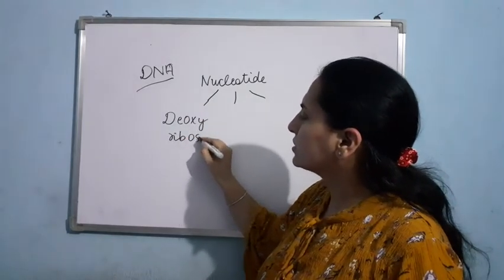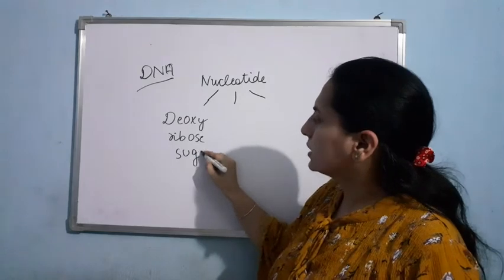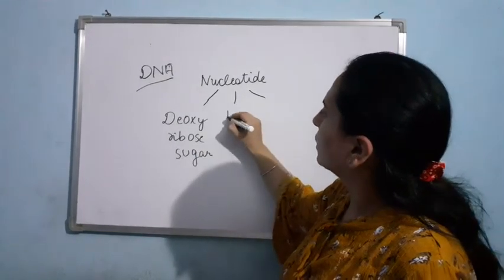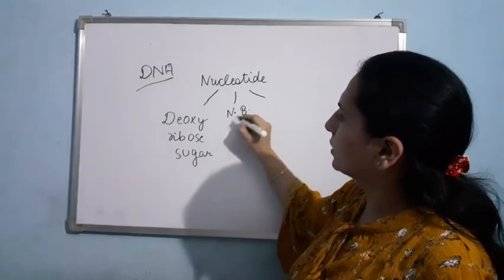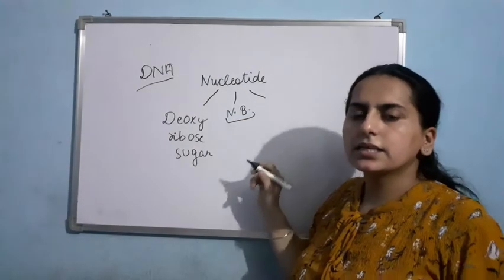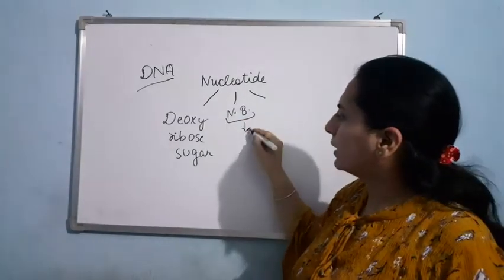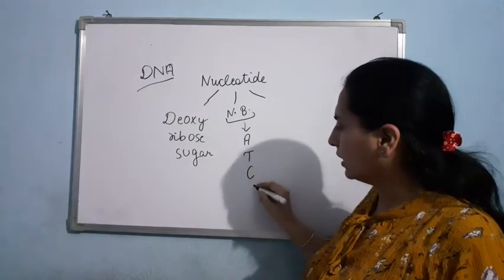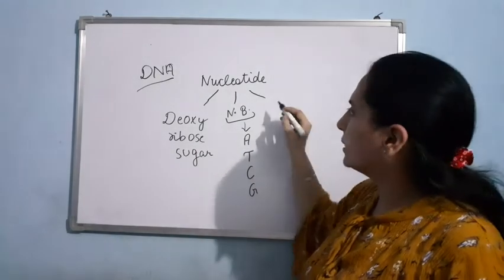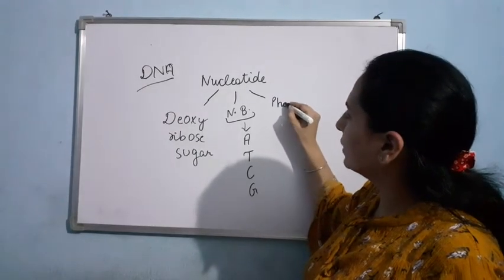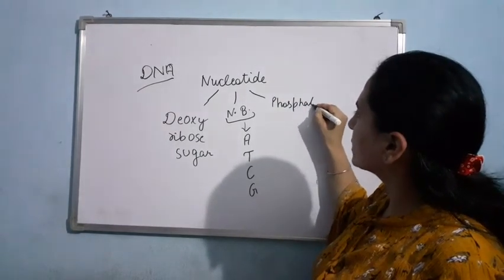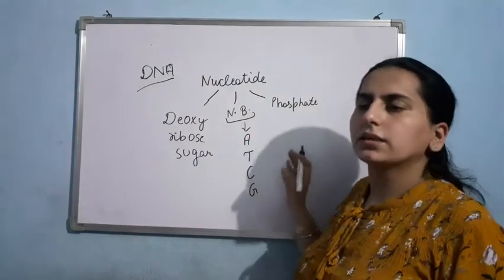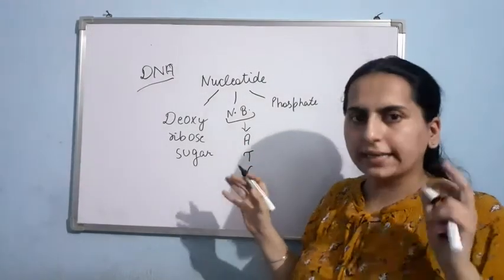The structure of this we have done, right? Second one was nitrogenous base, and in case of DNA, these are of four types: adenine, thymine, cytosine, and guanine. And third is phosphate group. These three things together result in the formation of a nucleotide.